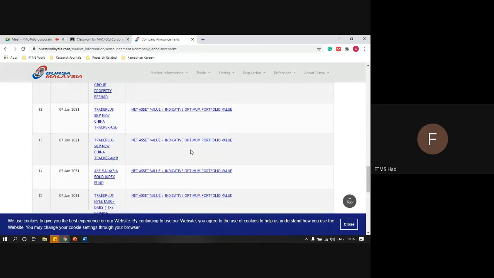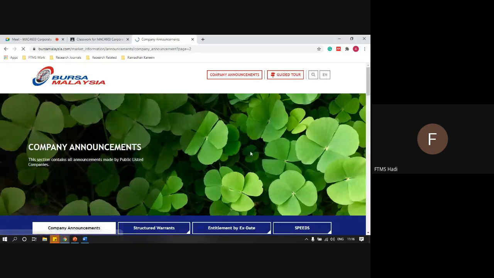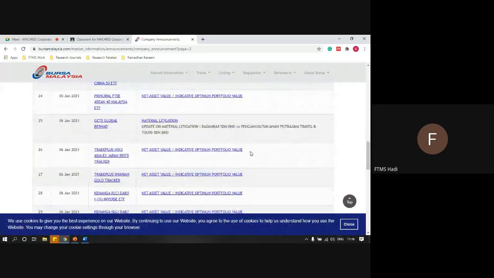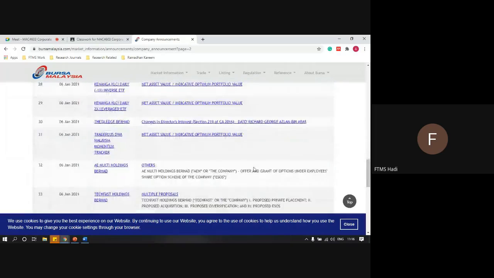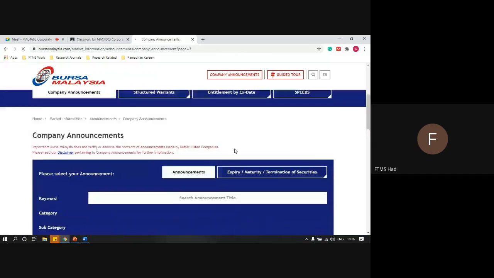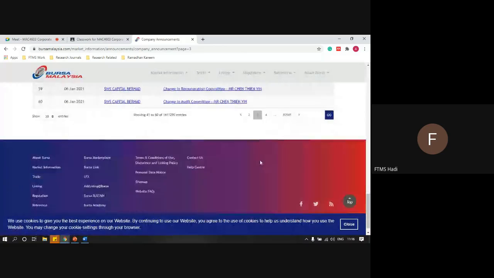But because this one is in January, usually they will have that later. Let me search by the company. Changes in audit committee, changes in boardroom. There will be some announcements of dividends. Okay, let's check.